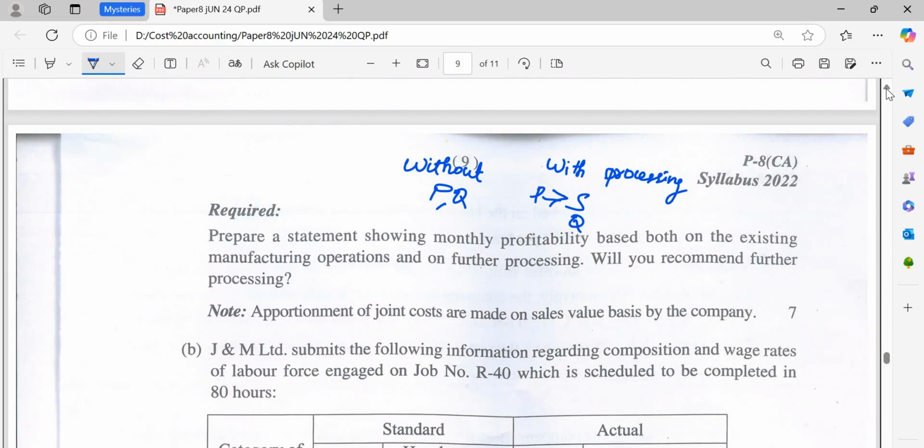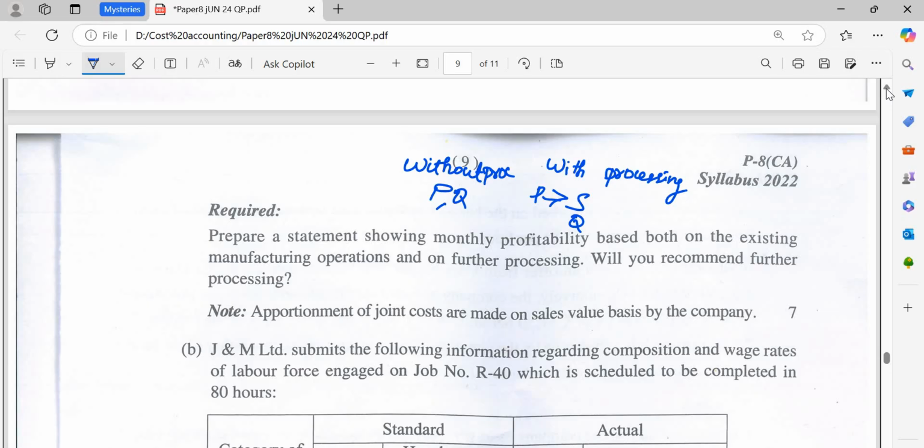Now they told us to prepare a statement showing monthly profitability based on the existing manufacturing operation and on further processing. Without processing, I will have P and Q. With processing, I will produce P as S, and Q. So we need to prepare a profitability statement for S and Q, and one for P and Q without processing.